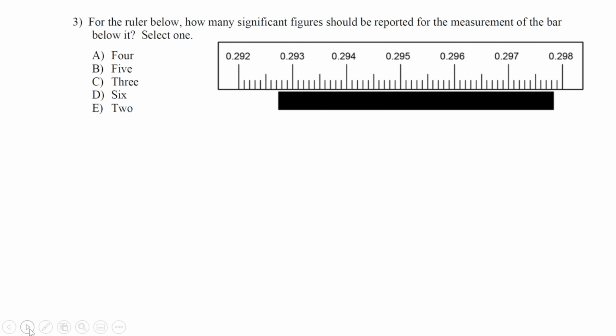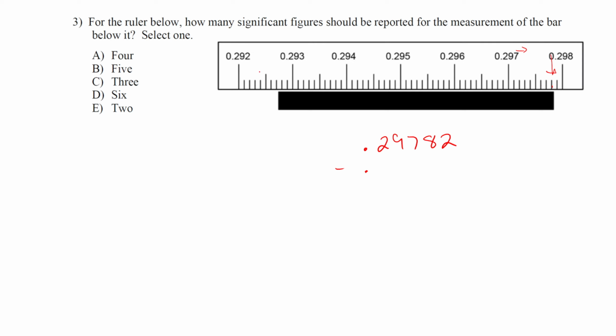Okay, so let's figure out how many sig figs for this ruler. So let's measure this. So we're going to figure out what this is. That's 0.297, right? Because it's greater than 297, but less than 298. And this is going to be an 8, and then we estimated 2.